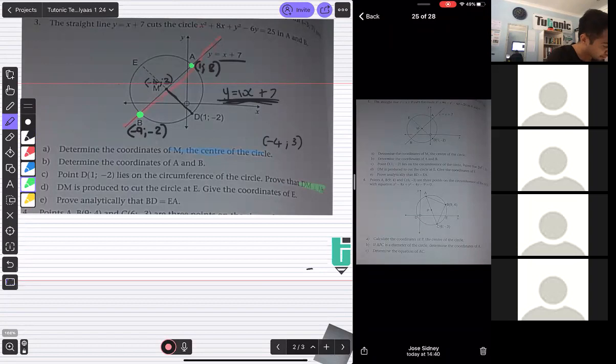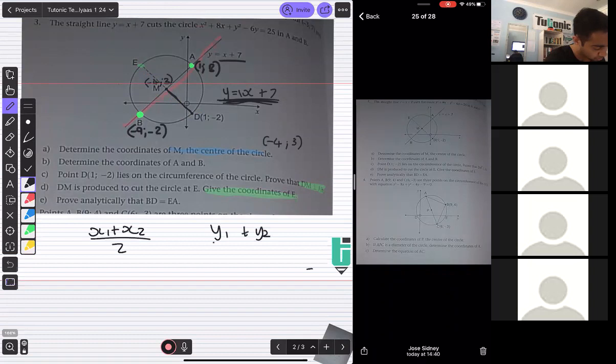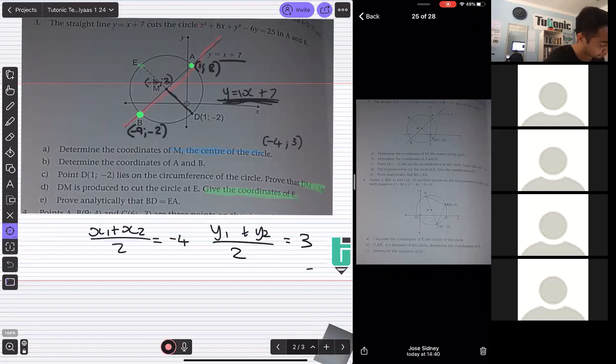DE is produced to cut the circle at E. The coordinates of E: you would use the midpoint formula, because this is the midpoint of this line, the center. So x1 plus x2 over 2, y1 plus y2 over 2. The x midpoint is -4, the y midpoint is 3, because the center is -4, 3.